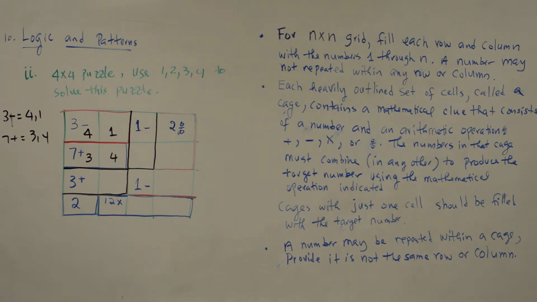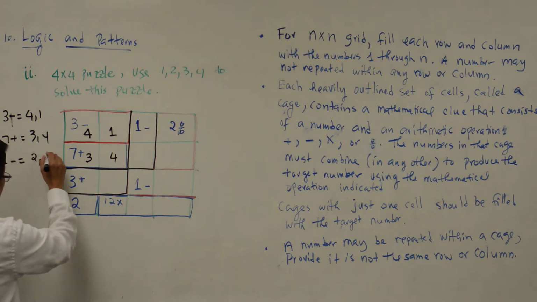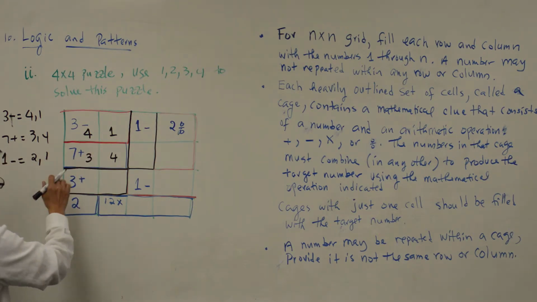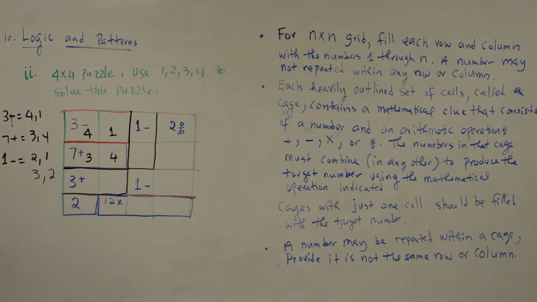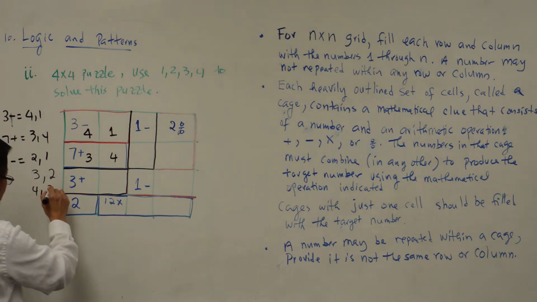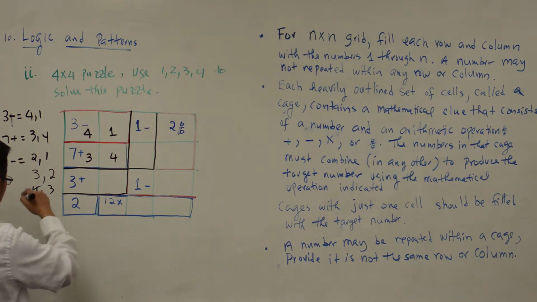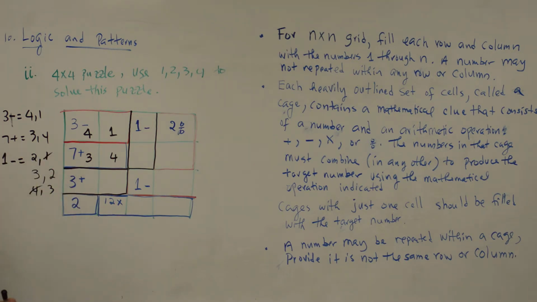All right. Let's pick 1 minus, or subtract. So 1 can be 2 and 1. We cannot use 1. We can use 2, but 3 and 2, and 4 and 3, right? We cannot use 4 because that's eliminated. So we cannot use 1 either. So we can use only 3 and 2.